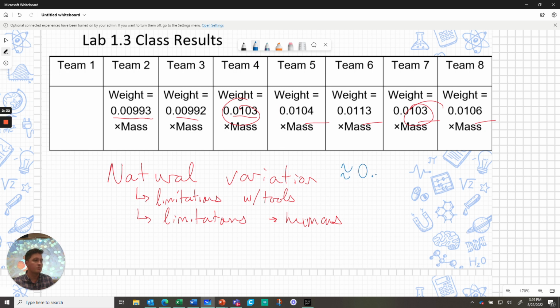This is the multiplier that we use to multiply against the mass. If we multiply this multiplier by the mass, that will give us weight. So if we have a mass of 500 grams, multiply it by the slope, this multiplier, 0.01, that gives us a weight of 5 newtons.